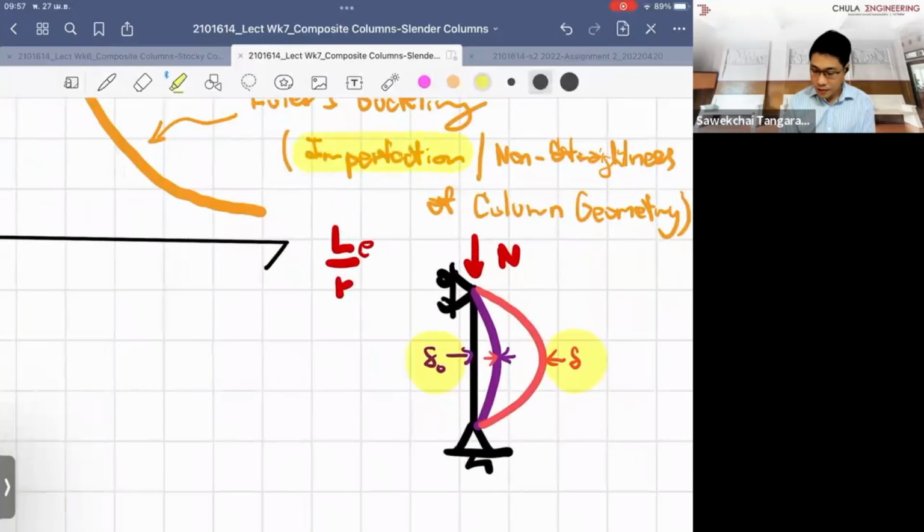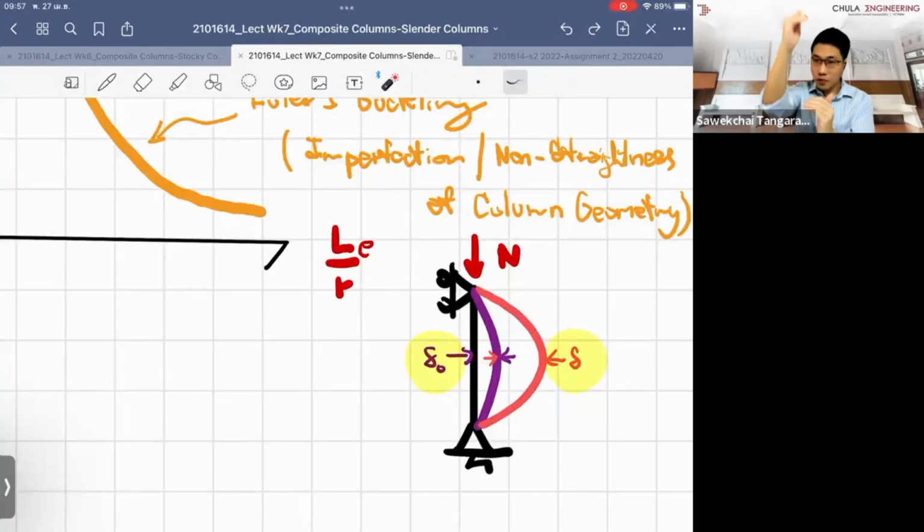The value of the lateral deformation that we have here makes the column become imperfect. The imperfection comes from here, and non-straightness of course starts from the data node. And this is a result of the secondary moment, because when you apply the force, there is sway in the member.